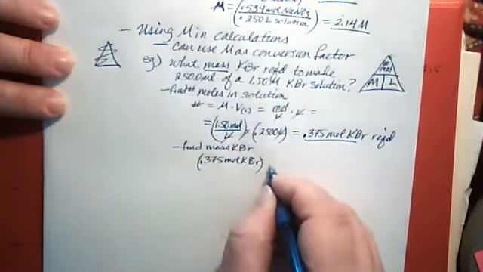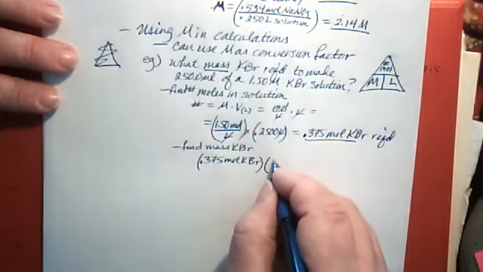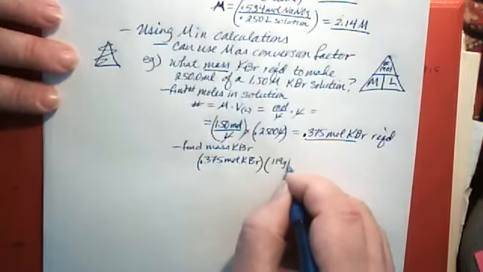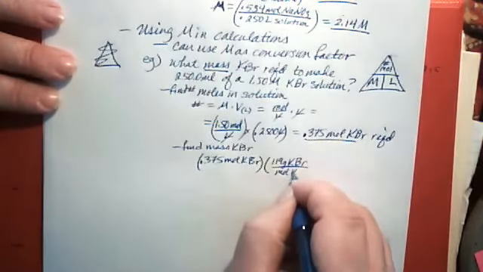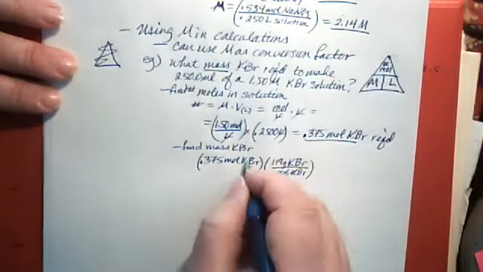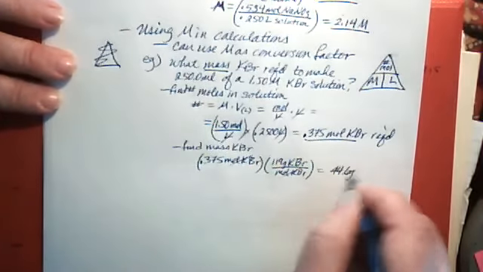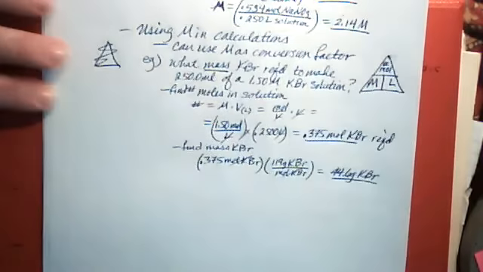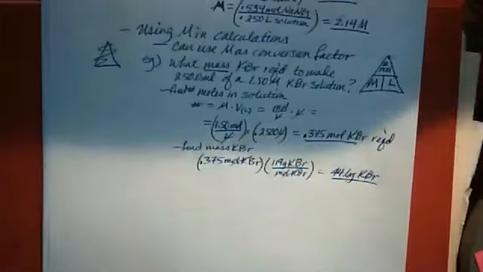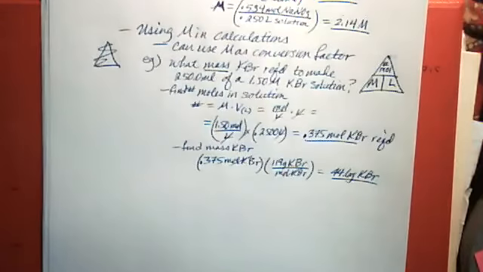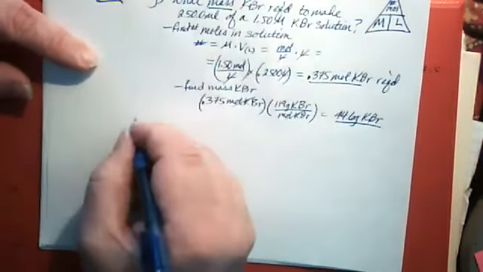So if there are 0.375 moles of KBr required, and you find out from the periodic table that the formula mass of KBr is 119 grams per mole, we end up with 44.6 grams of KBr required. Okay, so there's one thing you can do with it.